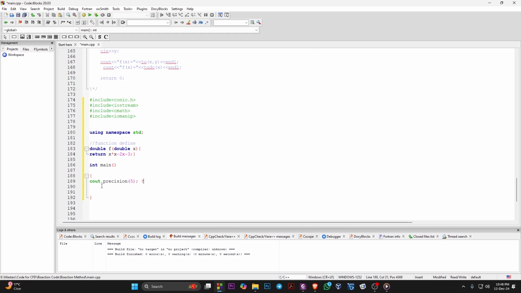You can add this comment: precision setup. Okay, then I would like to declare double a, b, c, e, that is for our error value.